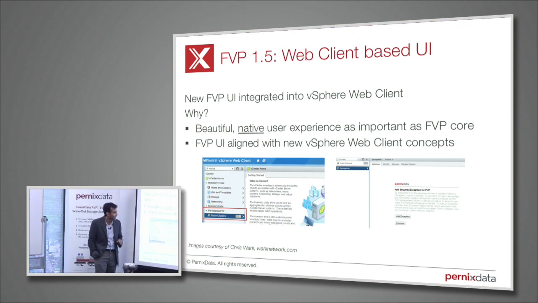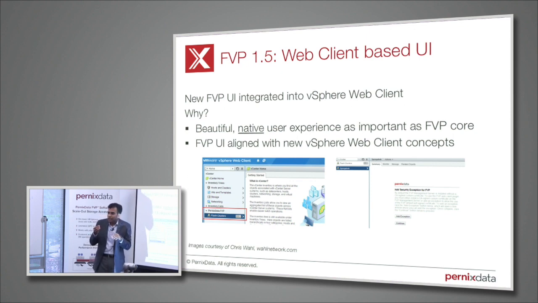But we'll get there. The cute thing about the web client is that when we first released FVP 1.0, we put in a lot of thought about the operations part of storage acceleration. What is it that an administrator actually wants to see? And so we provided a lot of data on a per virtual machine basis as to what the virtual machine is trying to do. How much of its IOPS is coming from the flash layer, how much is coming from the SAN, how much is coming from the network flash, how much of it is read, how much of it is write.